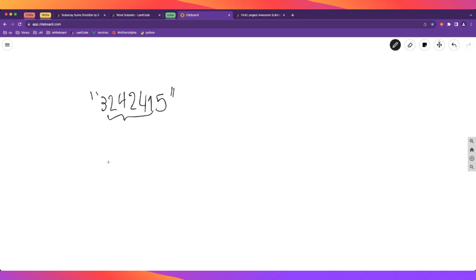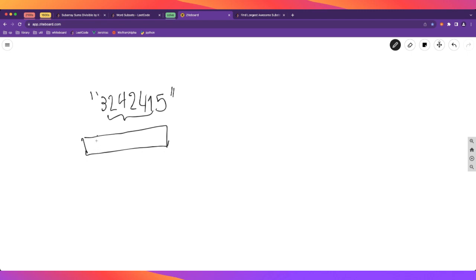And one thing to notice is that, once you define the substring, the order doesn't matter because you can change the order. So let's say that we transform this substring into a kind of a multiset or a counter, or we can just have an array with the counts of each digit.